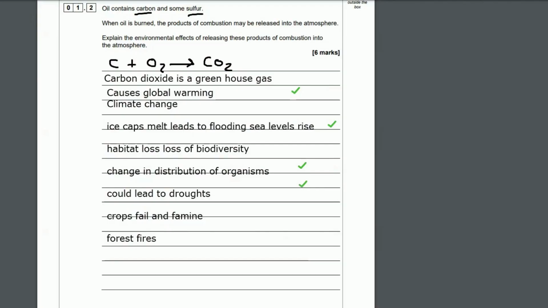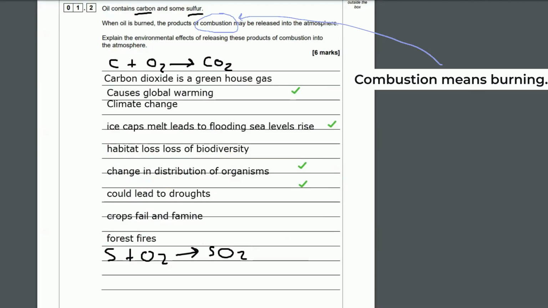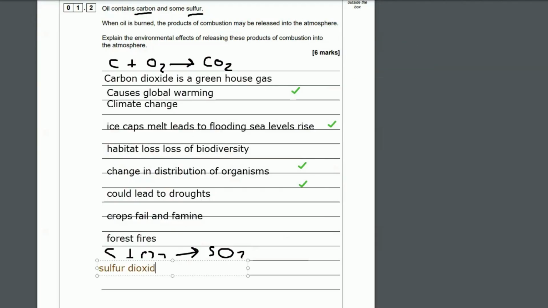Now let's write about the sulfur. And what do you think happens when sulfur burns in oxygen? You get SO2, and that is sulfur dioxide. And hopefully you can remember what are the issues with sulfur dioxide. I'm going to do this one in a different color. So sulfur dioxide forms acid rain.